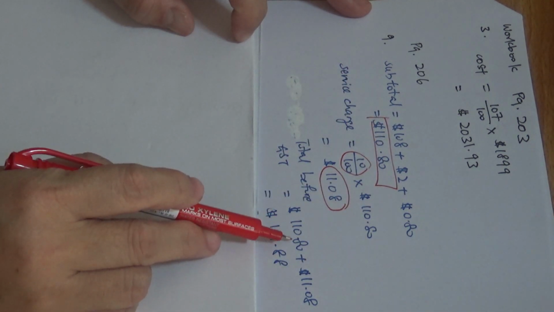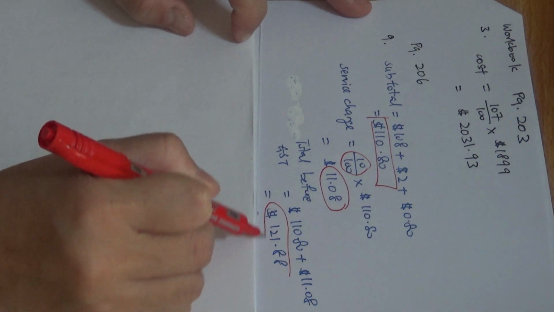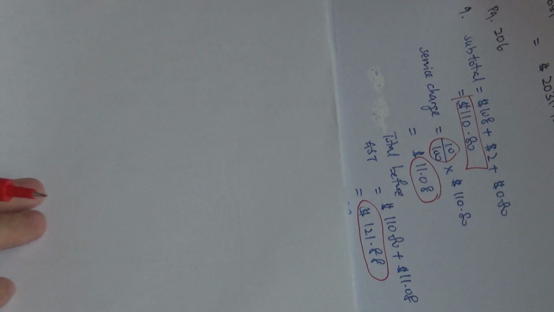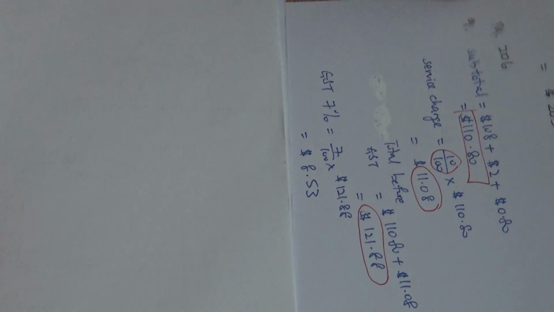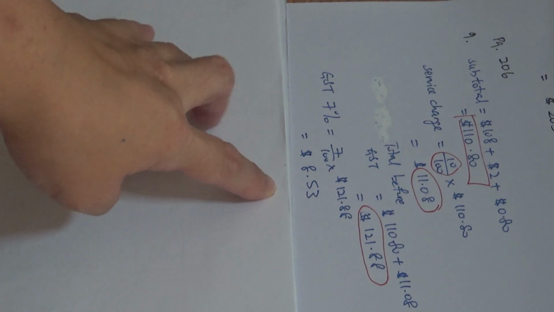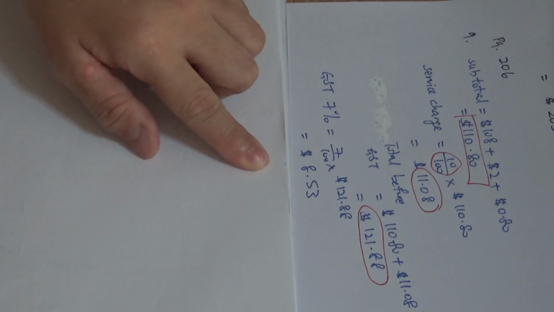So I take 110.80 plus 11.08. I will get this as the total before the GST. Okay, so after the service charge, the GST is 7%. So the 7% is this. I get 8.53.